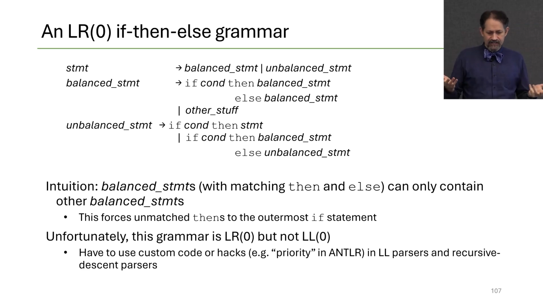So the eager versus laziness kind of reverses what you have to prioritize. ANTLR has some examples of how to handle if then else, so you can look at how that works. But recursive descent parsers can be handled with similar kinds of hacks. But one nice thing about LR is that it can handle more complicated grammars, such as this if then else problem.